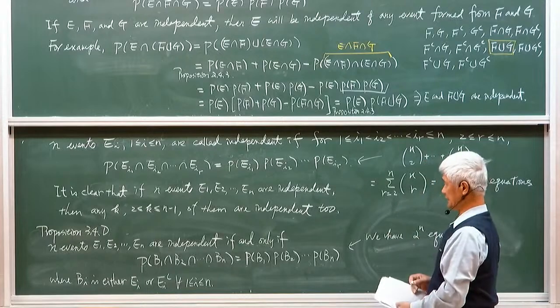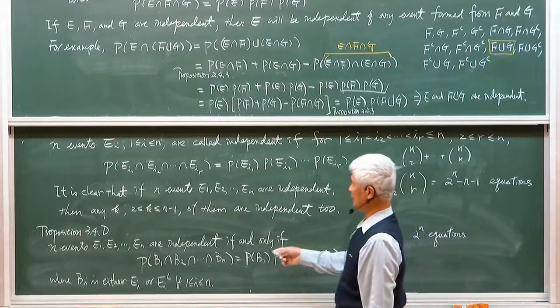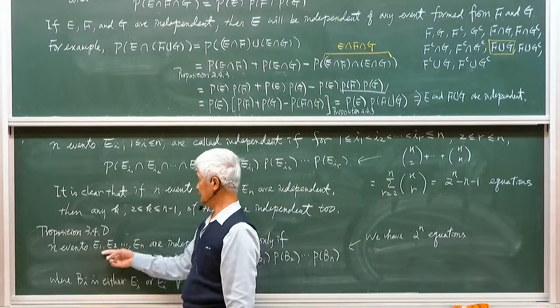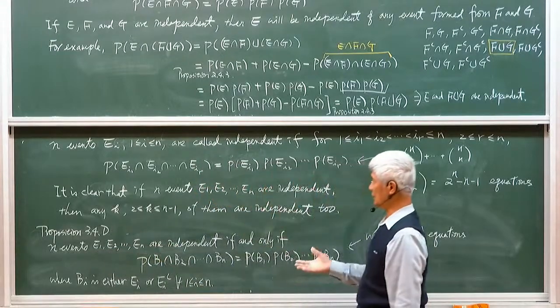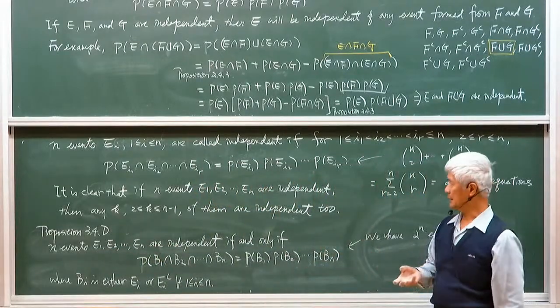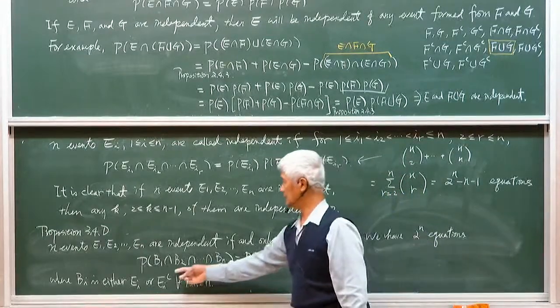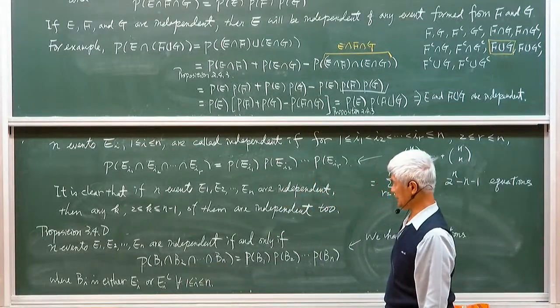And of course, in some situations, if you want to verify that n events are independent, you can use the identities here to do the justification.